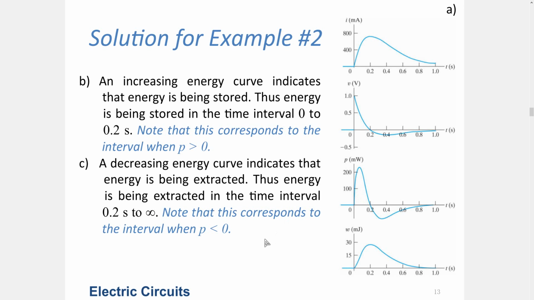So this is how we can comment on the waveforms that we obtained by solving example 1. And throughout example 2, we have discovered that when the polarity of voltage changes across the inductor, there is a change from energy storage to energy dissipation, or energy delivery, let's say.